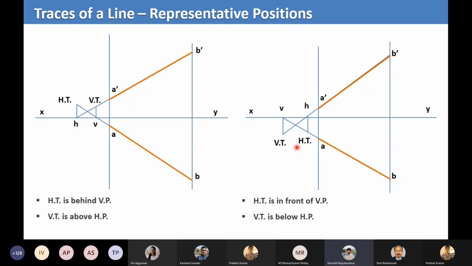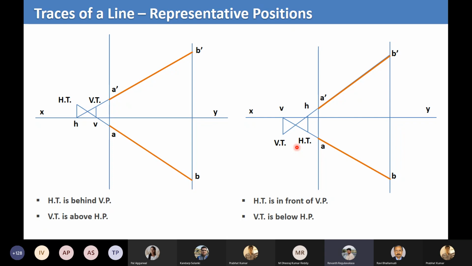These are things which you have to mention when it is asked in the question. HT and VT are always on the planes only, on the horizontal plane and vertical plane. But when we rotate the horizontal plane 90 degrees, then they appear on our page, above the XY line and below the XY line.